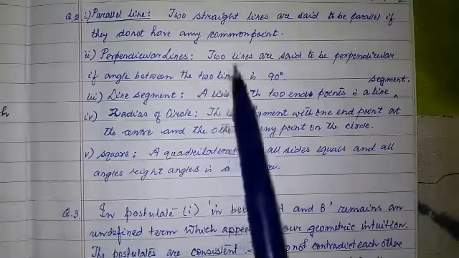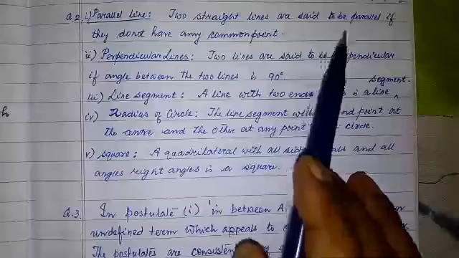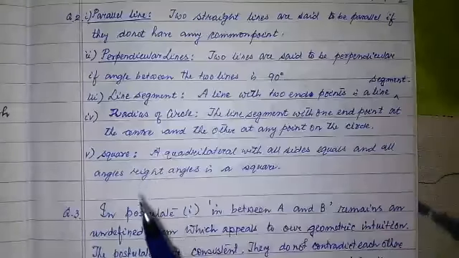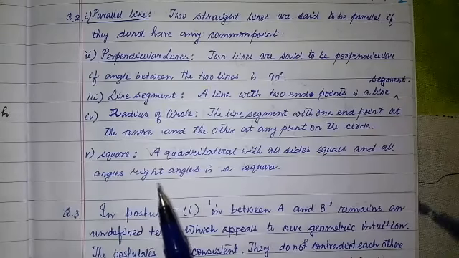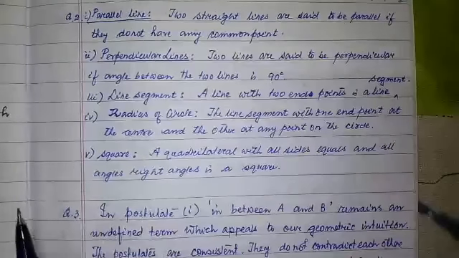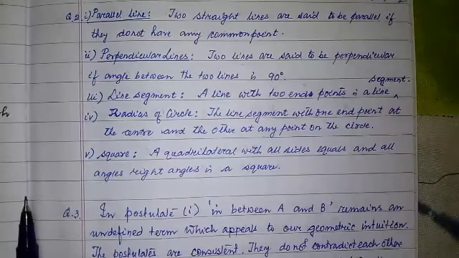Two straight lines are said to be parallel if they do not have any common point. It means if the two lines are extended or produced in both the directions and they never intersect, then the two lines are said to be parallel lines.